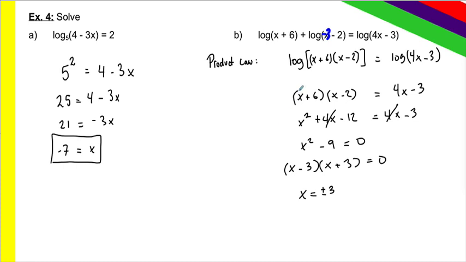And in fact, we can't have that, right? There's no power of 10 that can give us, for instance, in this case, negative 3 minus 2, which is negative 5. There is no power of 10 that can give us that. So even though there are two solutions from this quadratic expression, the negative value is what we say is inadmissible. And so the positive value is the only solution.